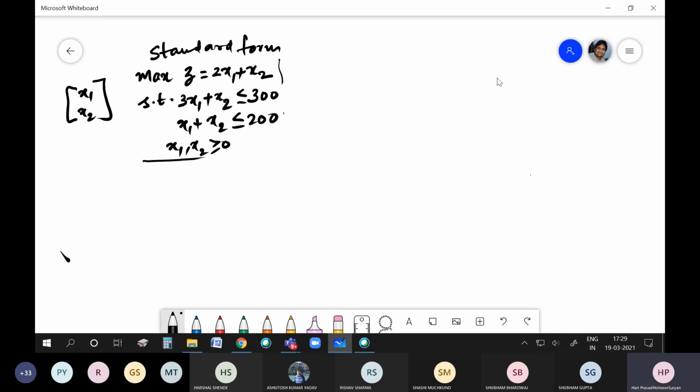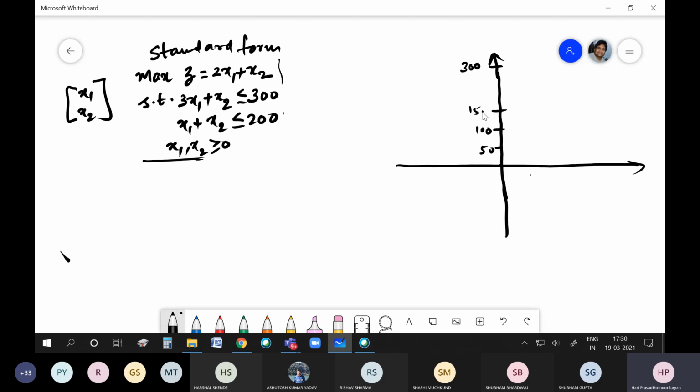Our solution will be in the first quadrant. When x1 is 0, x2 is 300. Let us mark the axis as 50, 100, 150, 200, 250, 300.